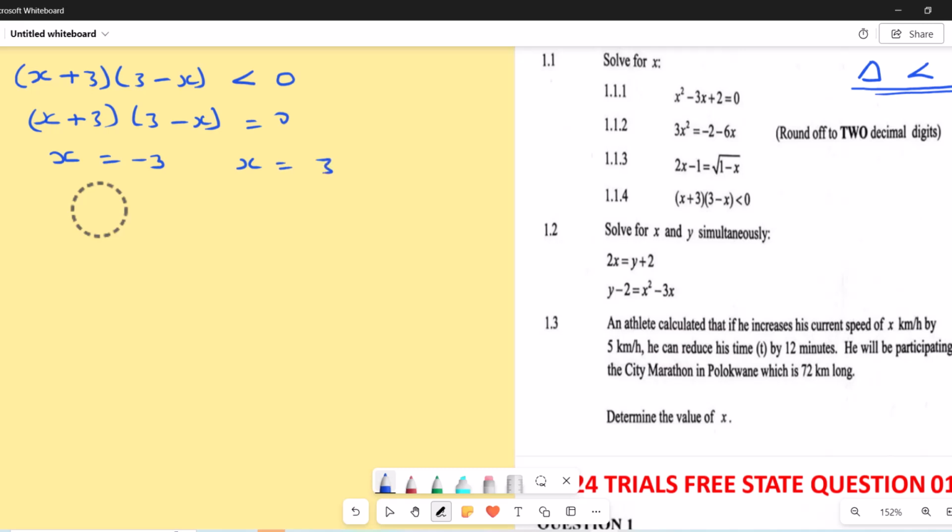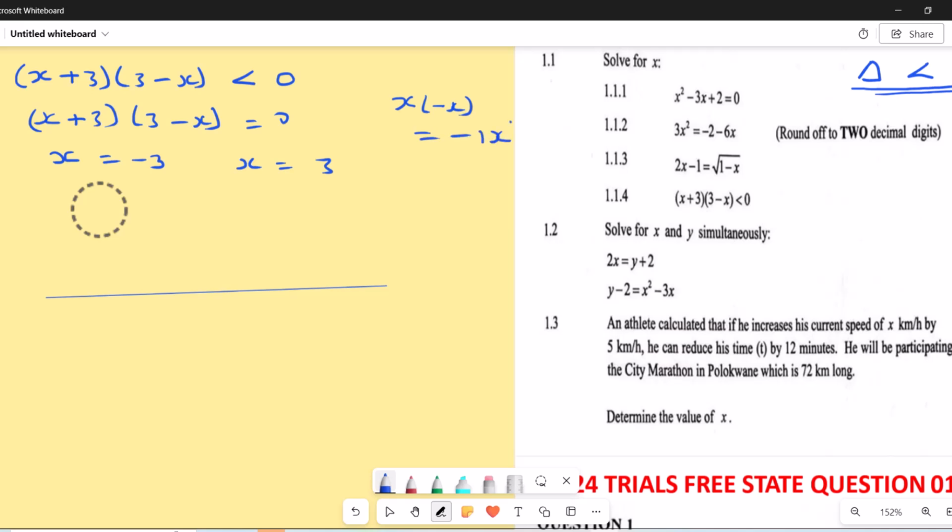So from here we draw our number line again. When we do so, we're going to take the x squared. Now here we have x times -x, which gives us -1x squared.